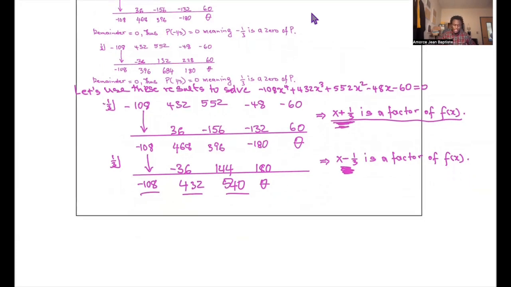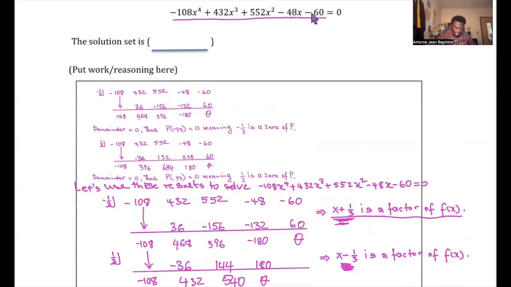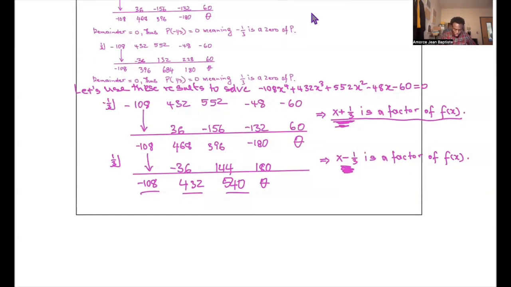So here is the factored form of the equation that they asked me to solve. We're going to write it as x plus 1/3 times x minus 1/3 times this trinomial, negative 108x squared plus 432x plus 540 equals 0.